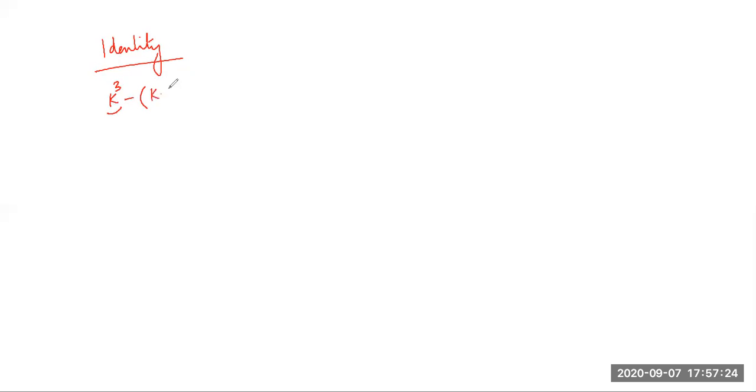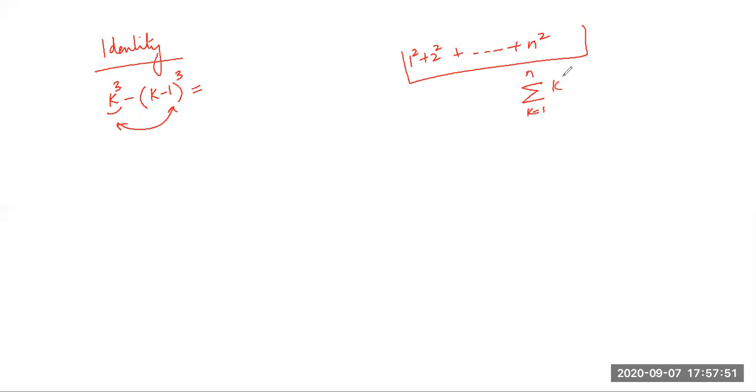It will be k minus 1. Oh, that's beautiful. Good. So let's try to find a relationship. This will be very helpful to find 1 square plus 2 square till n square. Very easily we can find this, or we can represent it as summation k is equal to 1 to n of k square, right? So let's expand this, Ishma.